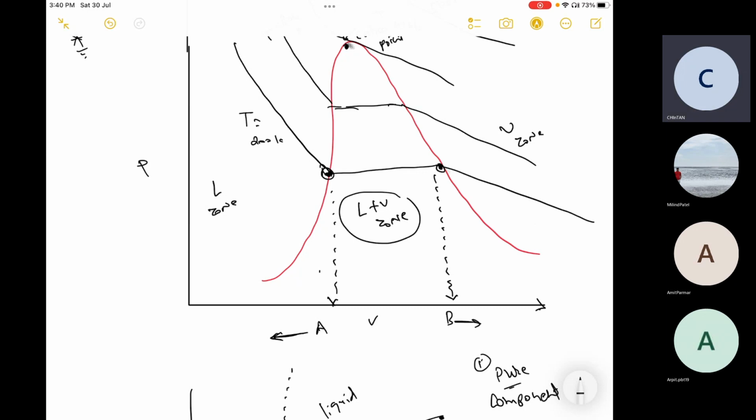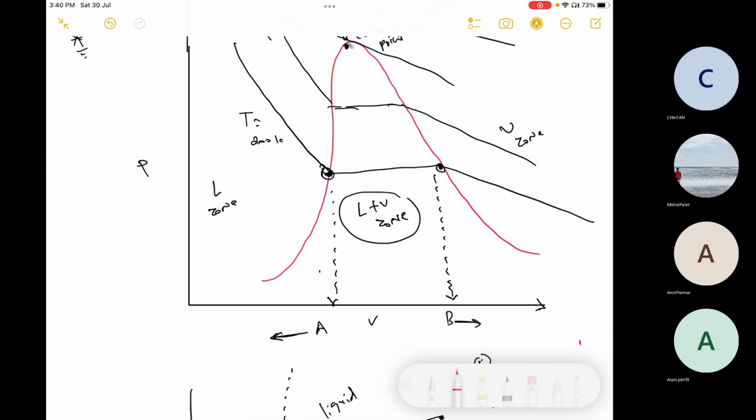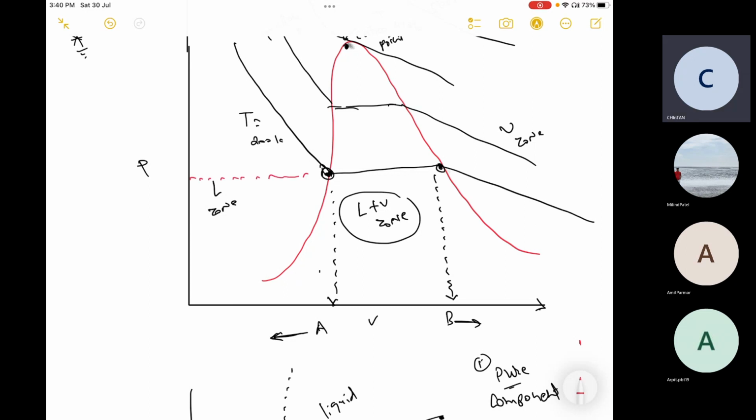Can anyone answer? What does this pressure value represent?